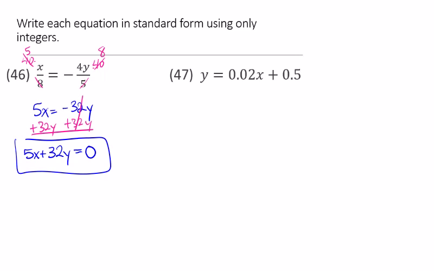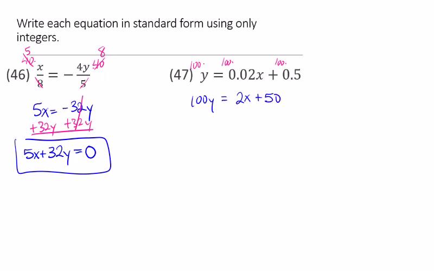All right, so 47. So here, when we have decimals, we can multiply by whatever we need to get rid of the decimals, right? So here I have a tenth, so I'd multiply by 10 to get rid of that, but here I have a hundredth. And so we'll just multiply everything by 100, and that'll get rid of all the decimals. So I'll get 100y equals 2x plus 50.